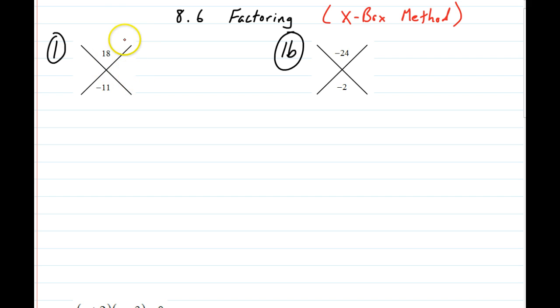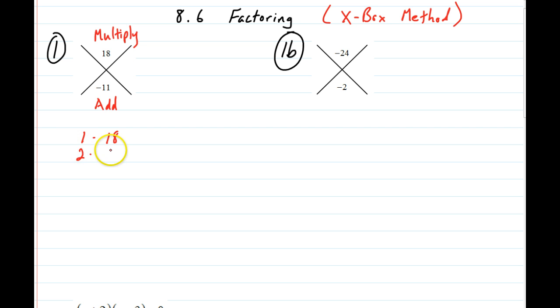So if you remember, this game we play, what two numbers are going to multiply to 18 and add to negative 11. So if you don't know, what you can always do is just start from 1. 1 times 18 is equal to 18.